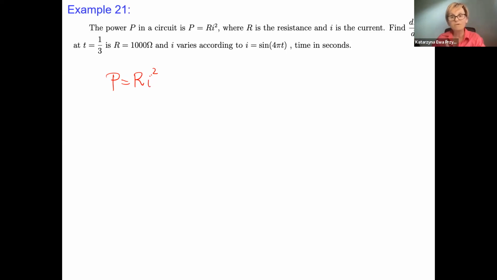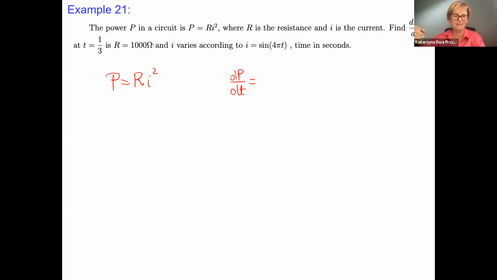Find the derivative of P with respect to time. We have to differentiate P with respect to time at the moment when time t is 1/3, and the resistance is 1000 ohms.